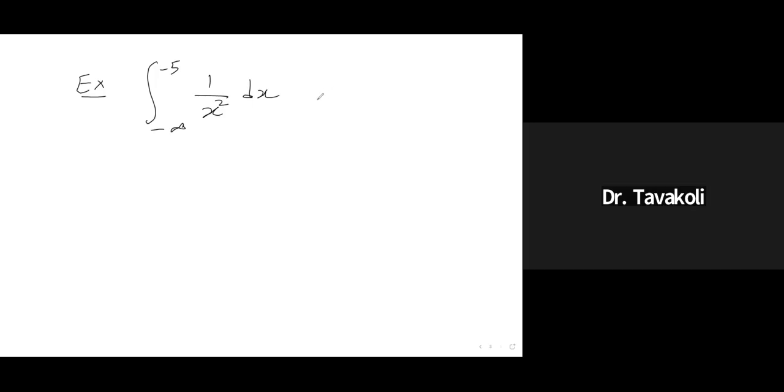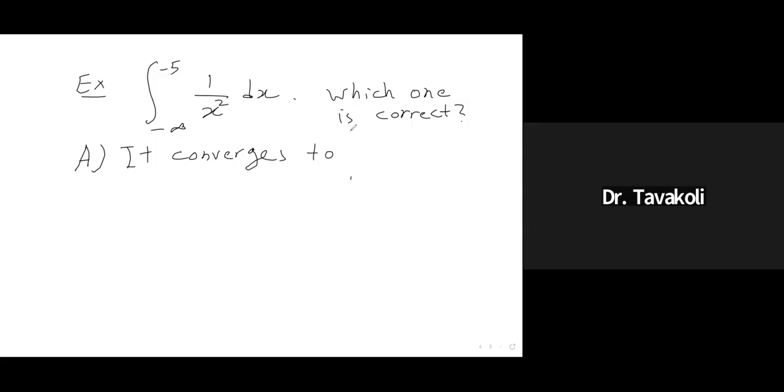And I want to know which one is correct: A, the integral converges to this finite value, or B, it diverges.